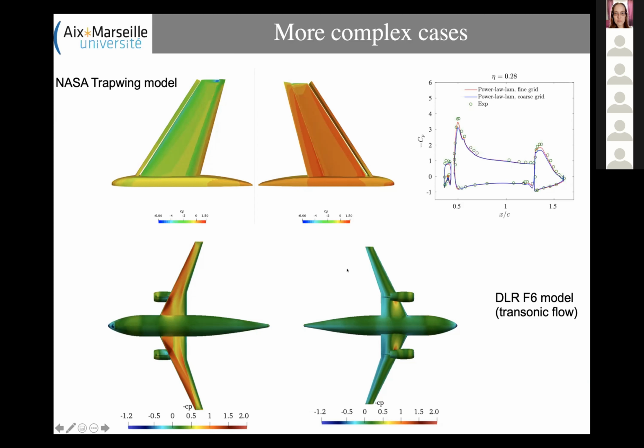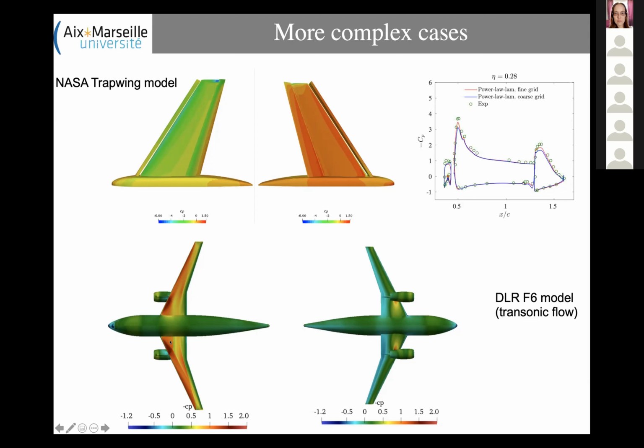And after that, of course, you can go to even more complex things, such as, for example, the DLR F6 model. This is a transonic case. And here you can see the picture, from the top and from the bottom. There are two parts. On the top, this is what you can get using SU2, the unstructured finite volume grid solver developed at Stanford University, so based on Navier-Stokes.